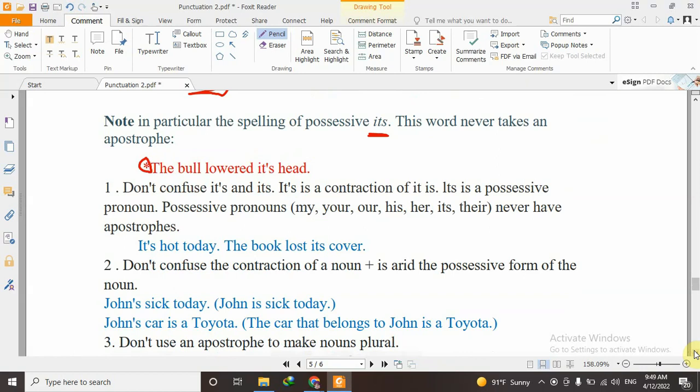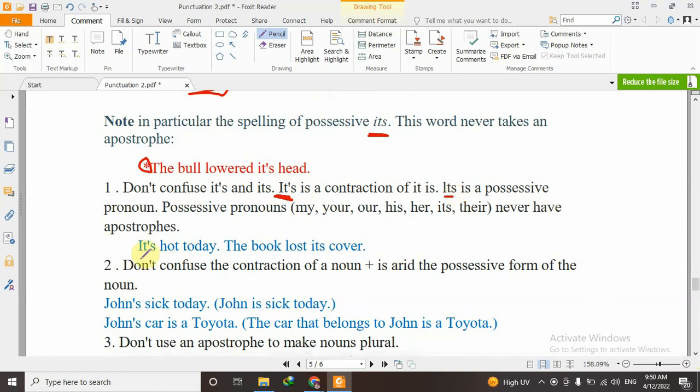Now, as I said, don't confuse "it's" and "its". "It's" is a contraction of "it is", whereas "its" is a possessive pronoun. Possessive pronouns like my, your, our, his, her, its, their never have an apostrophe.